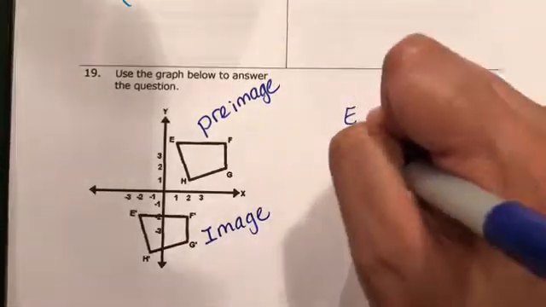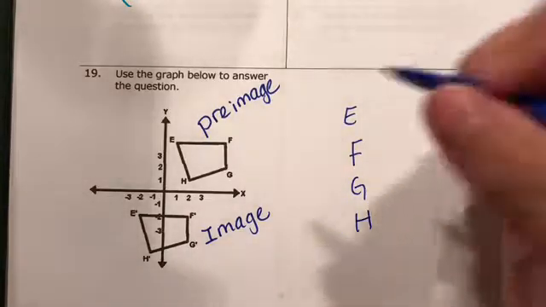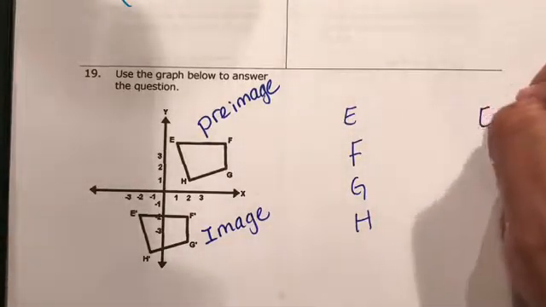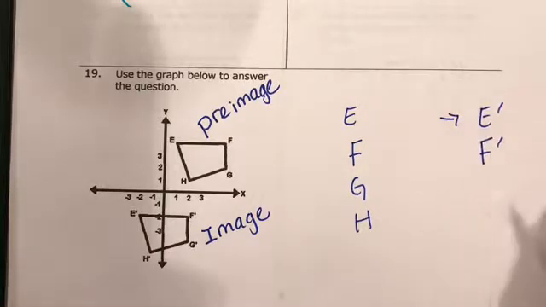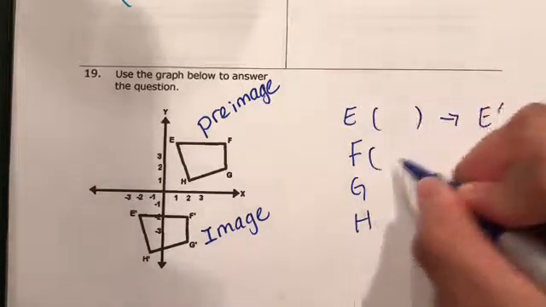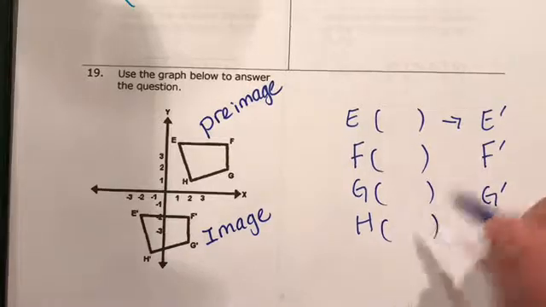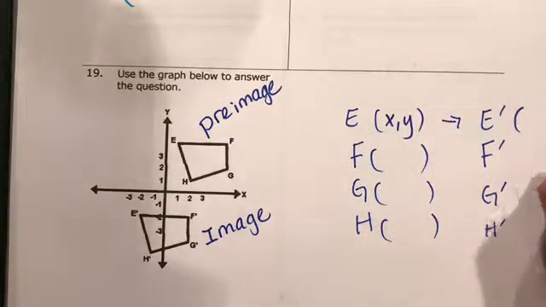So I have E, F, G, H, which transitions to E prime, F prime, G prime, and H prime. What you're going to want to do is get your ordered pairs all the way down and see how they change.